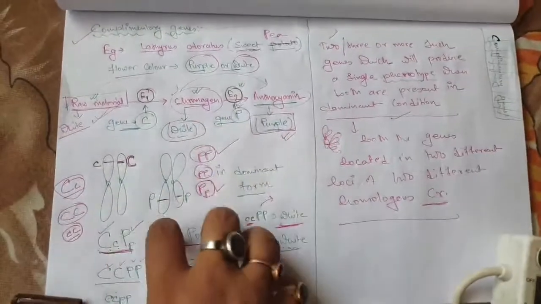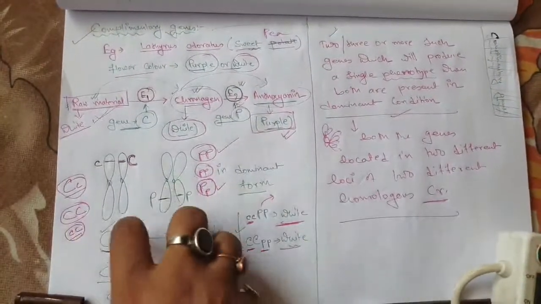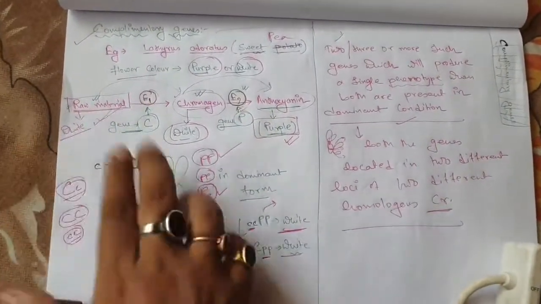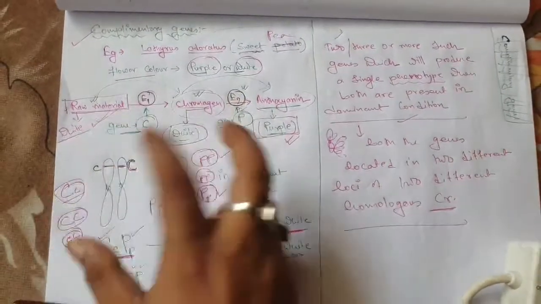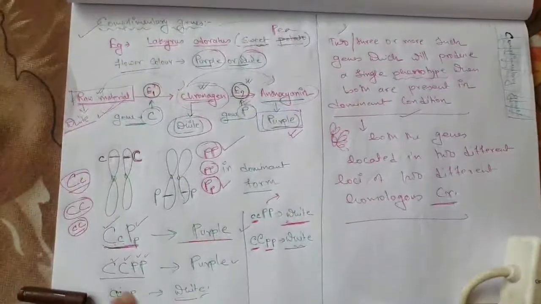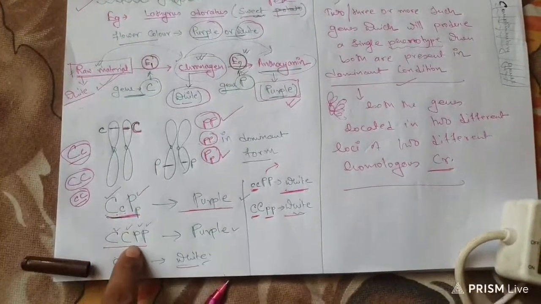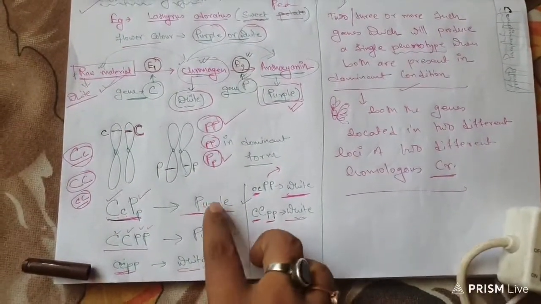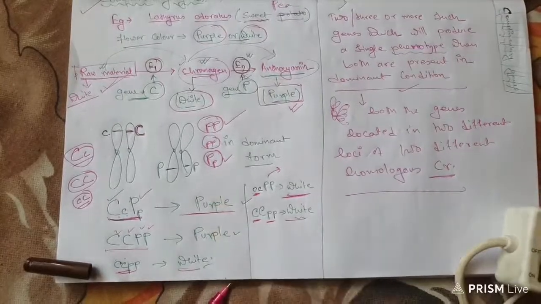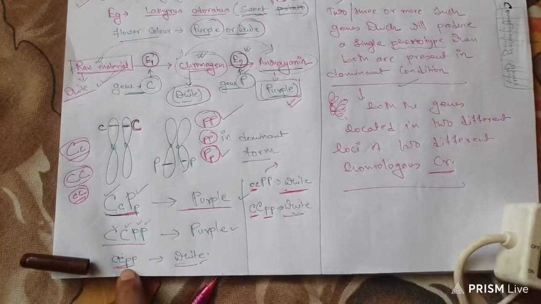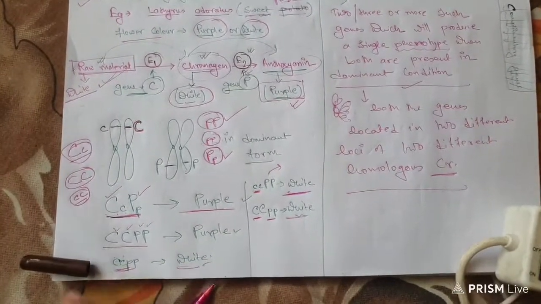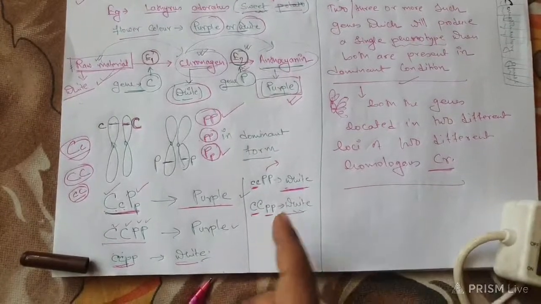In complementary genes, the gene C and the gene P are complementary to each other, which when present in dominant form, either heterozygous or homozygous, produce a particular phenotype, purple. If both of them are not present in dominant form, they will not give the purple phenotype.